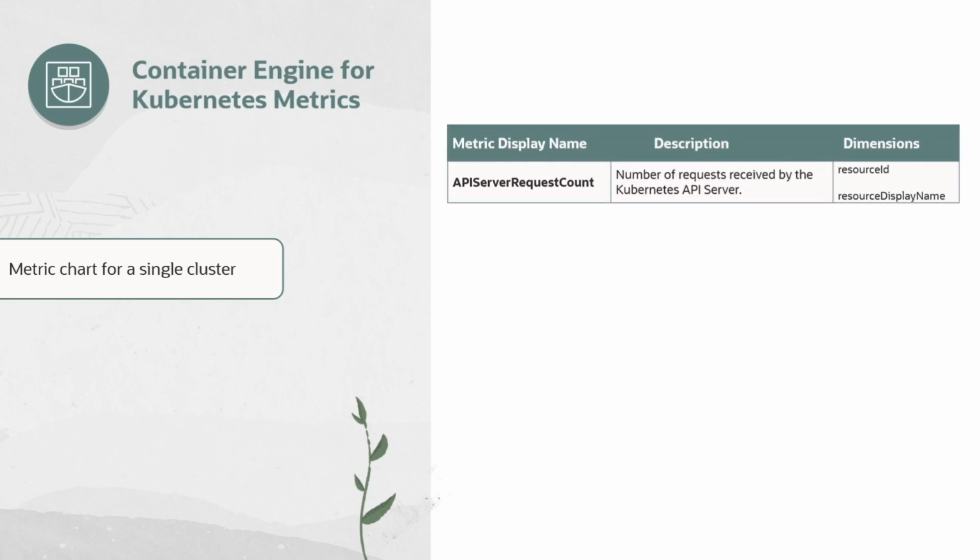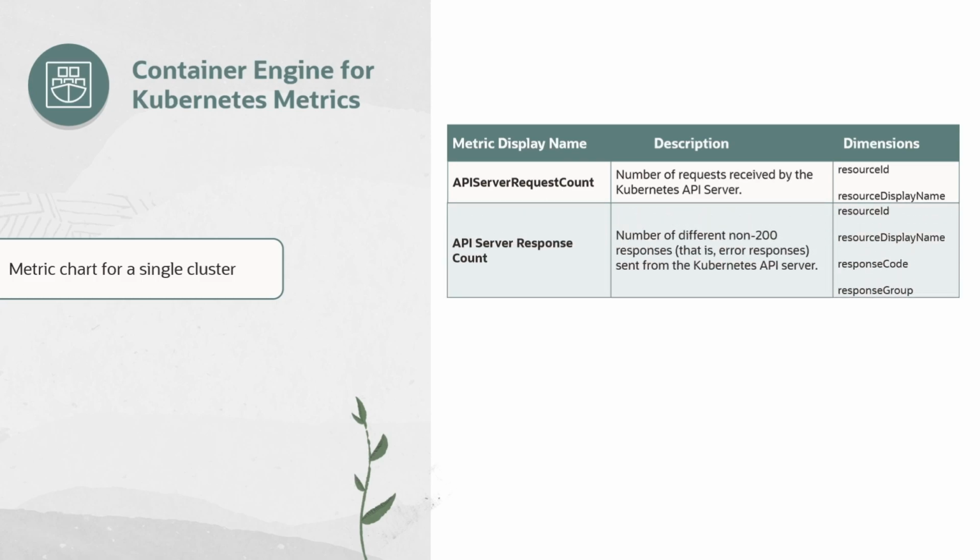The first metric that we get to see is the API server request count. This represents the number of requests received by the Kubernetes API server. Next up is the API server response count. It denotes the number of non-200 responses, specifically error responses, sent from the Kubernetes API server.